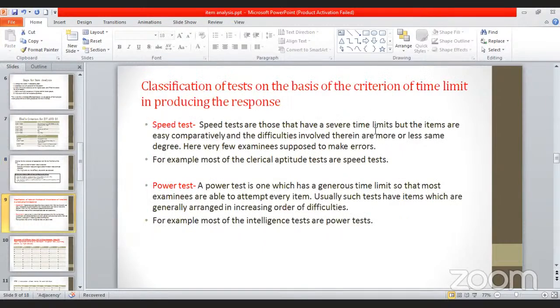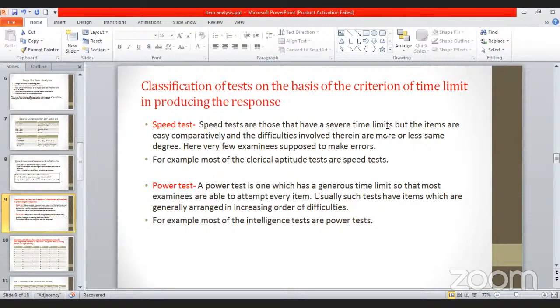Now we will learn what is the speed test and what is the power test. On the basis of the criterion of time limit, we can divide psychological tests into two types, speed test and power test. Speed tests are those that have severe time limits, but the items are comparatively easy and the difficulties involved are more or less of the same degree.